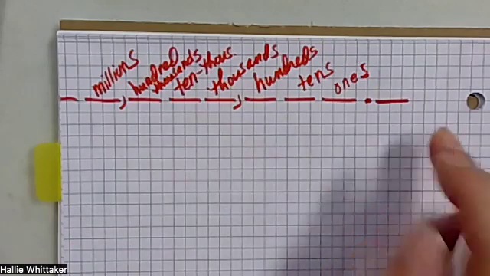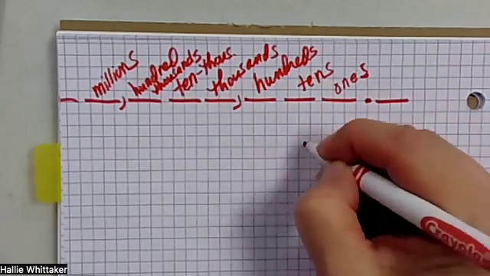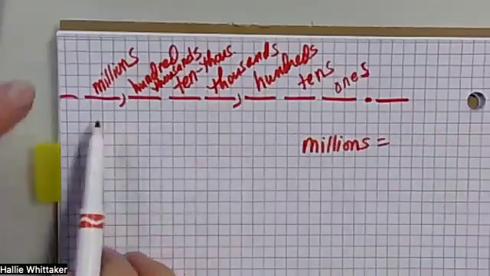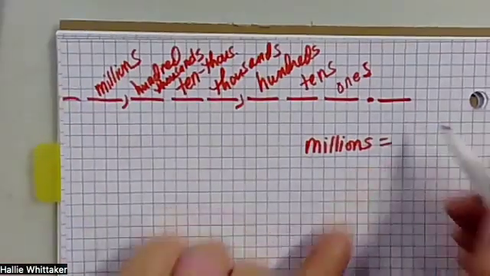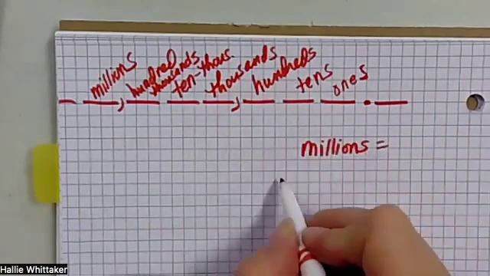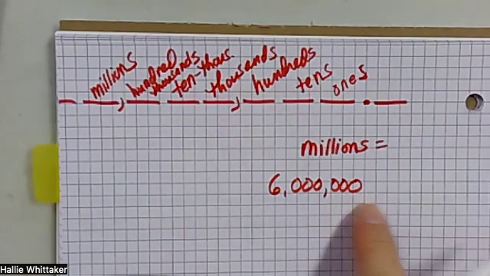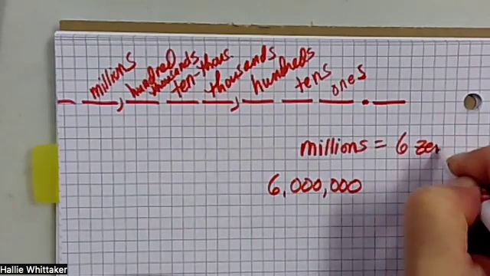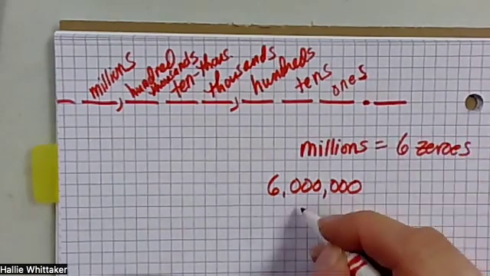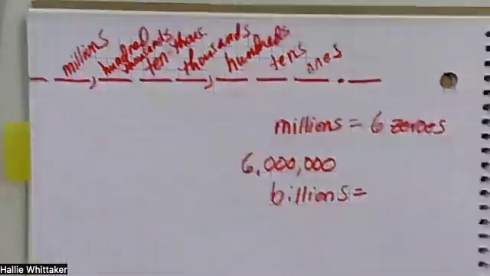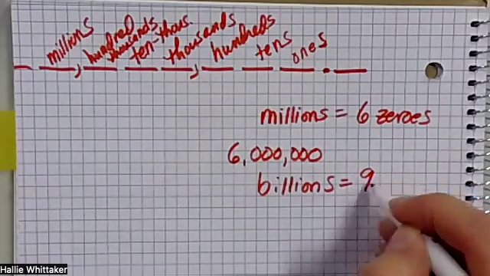And then let me just remind you, for millions, how many zeros are there? So like if we had 6 million, 6 zeros. And if you have billions, how many zeros? 9.